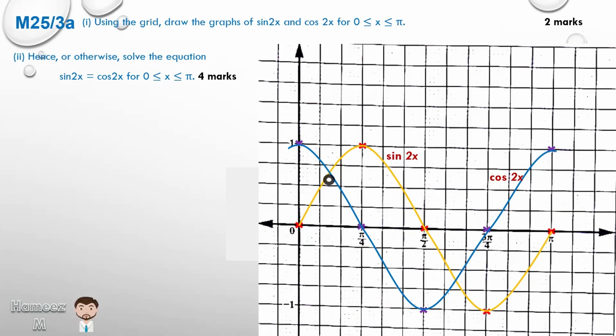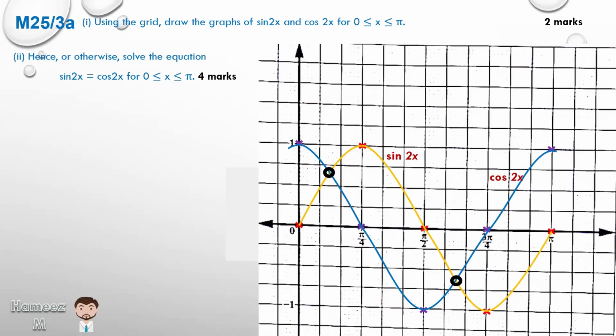So they intersect at one point here between 0 and π/4. May or may not be exactly in the middle. And it also intersects at a second point. So the two graphs, sin 2x equal to cos 2x, meet each other at 2 points within this range of 0 and π.